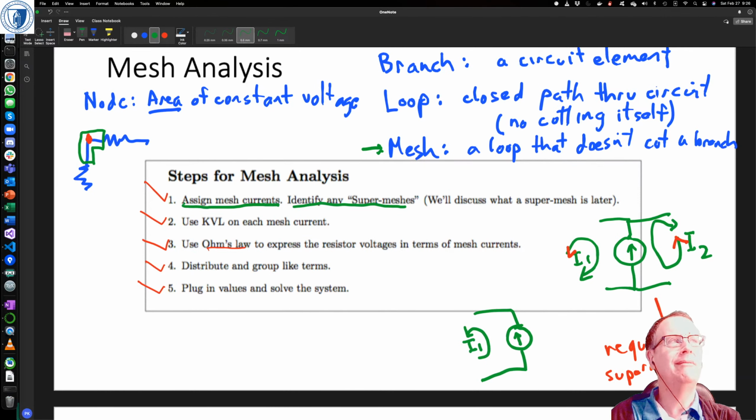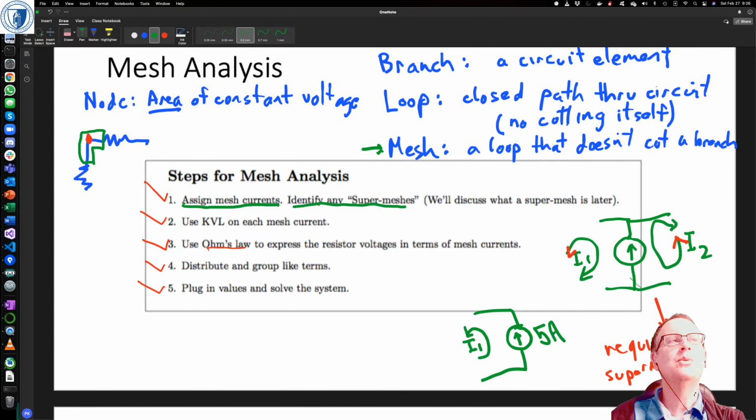So the value of I1 has to be whatever that is, maybe 5 amps, provided I1 and the direction of the current are the same. Otherwise it'd be minus 5 amps.